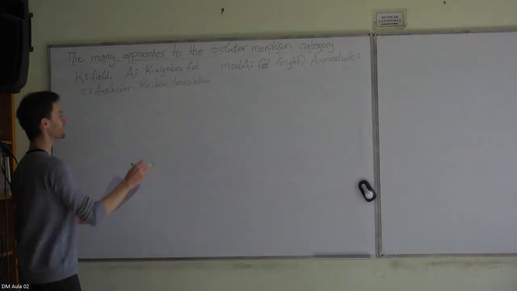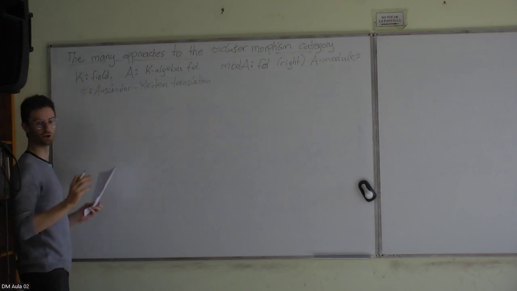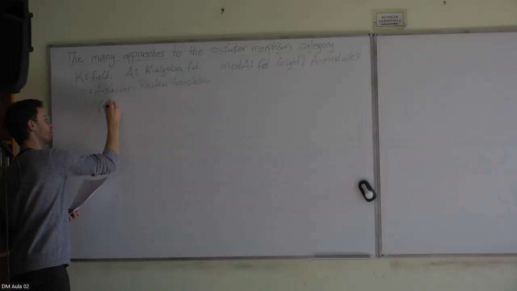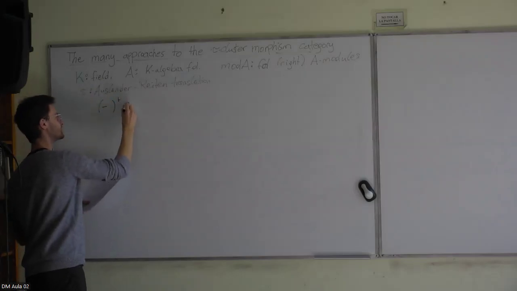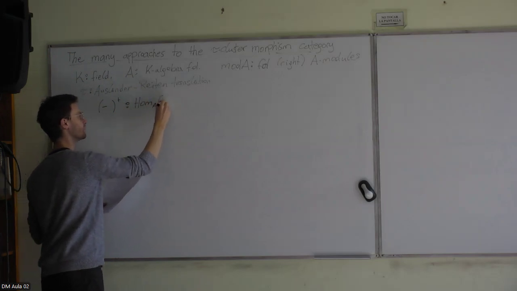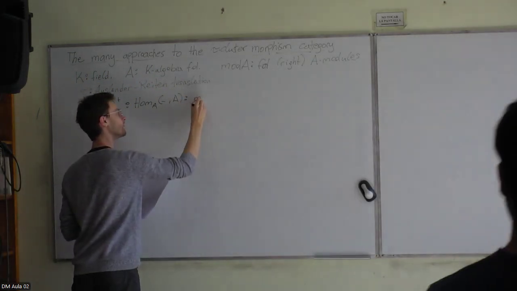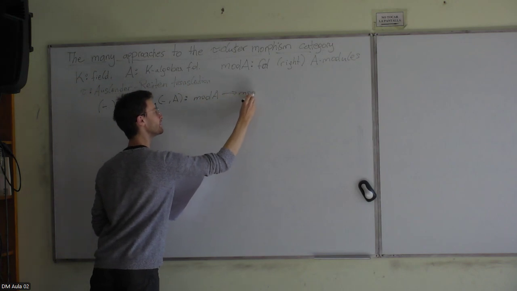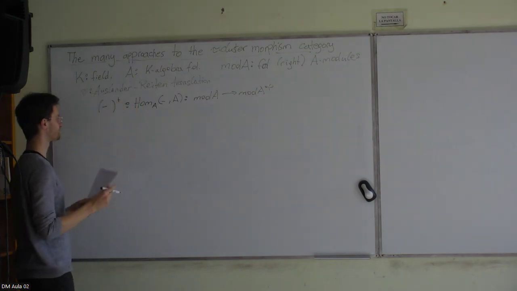And what this Auslander translation is, is the following. We need two duality functors. First, we have this with a T at the top, which is the A dual. And this goes from the category of right modules to the category of left A modules, or modules of the opposite algebra.